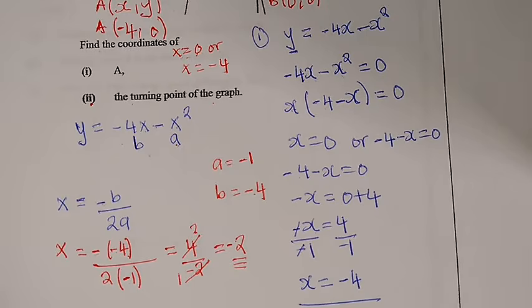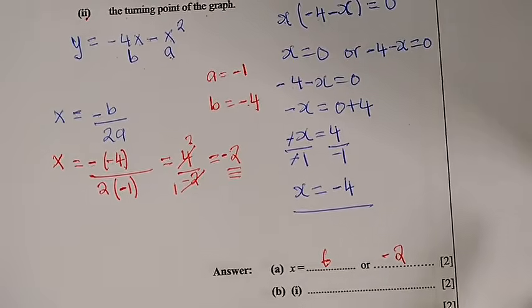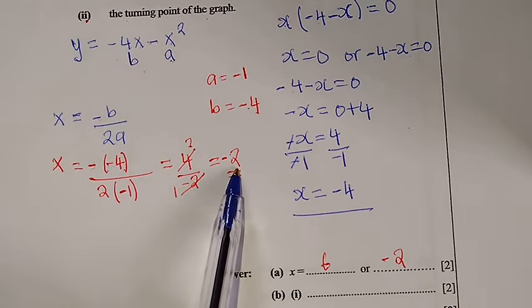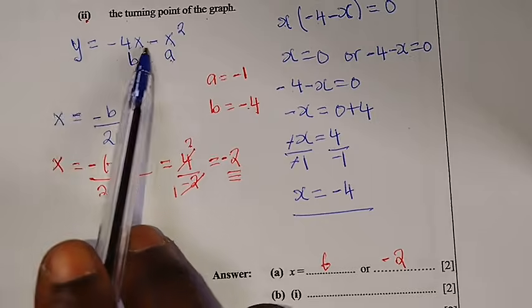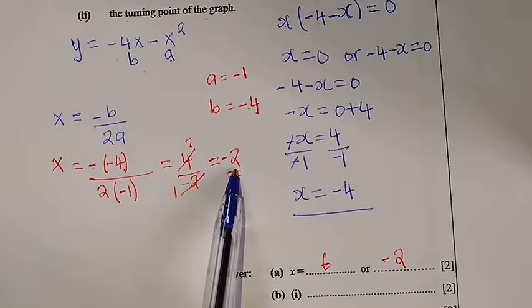Now we need to find the coordinate of y. To find it is also simple. We use the general equation, because we have found x, which is a negative 2. Everywhere where there is x, we substitute a negative 2.